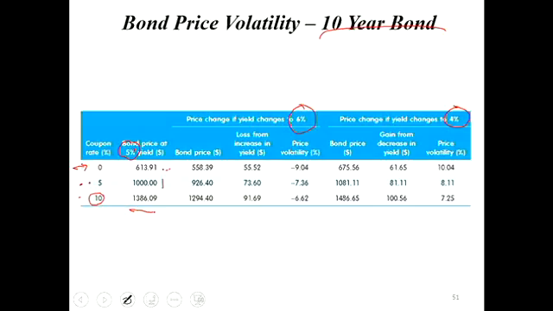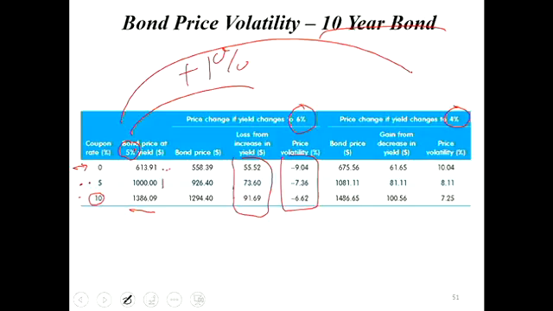Now, if you put the interest rates up, so this is a plus 1% along here to go to there, then the price drops. There are the drops in terms of dollars, and the drops in terms of percent. If we go the other way, minus 1%, you get this lot over here and you have the same thing.